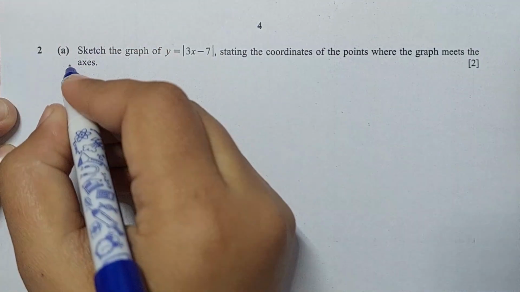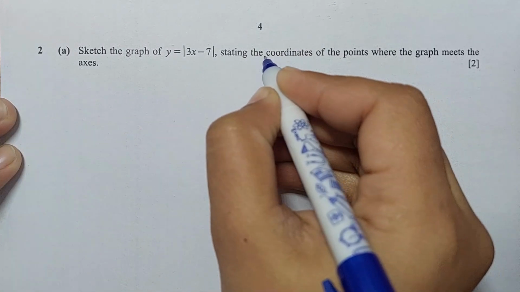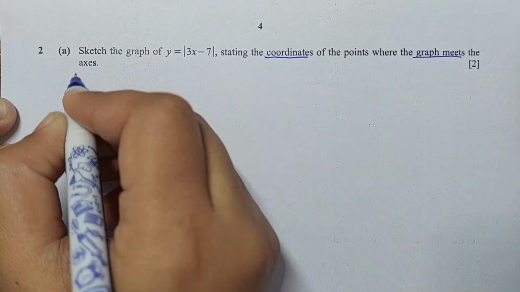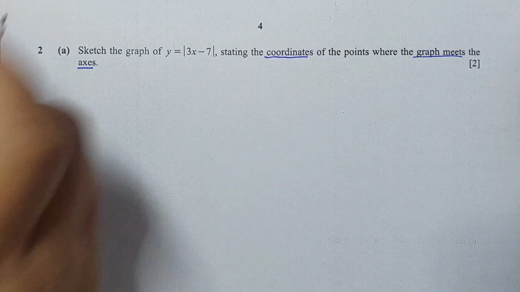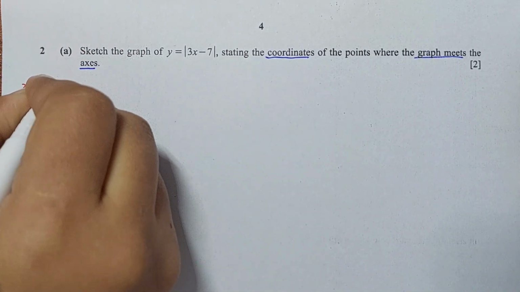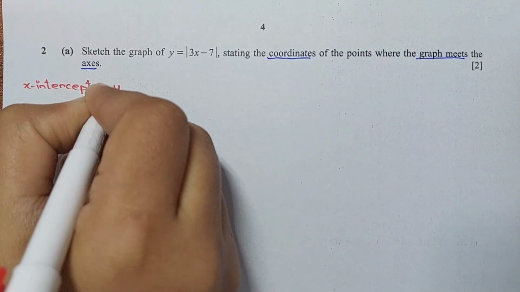Question number 2, part A. Sketch the graph of y equals the absolute value of 3x minus 7, stating the coordinates of the points where the graph meets the axes. That means we need to state the x and y intercepts. Start with the x-intercept. For the x-intercept, we put y equal to 0.